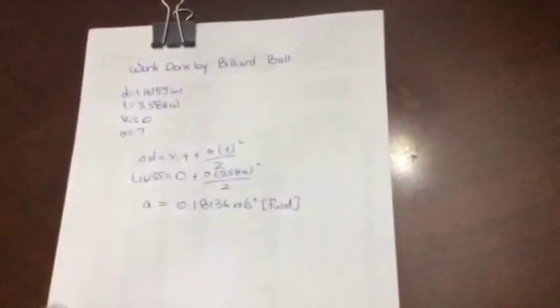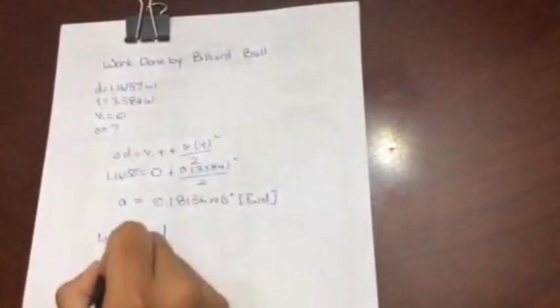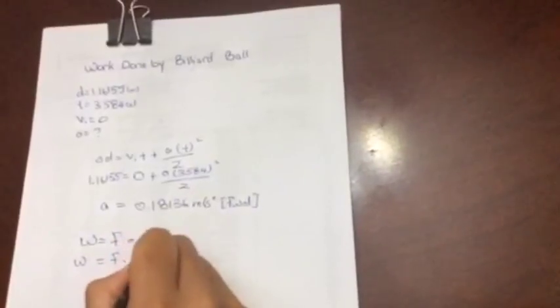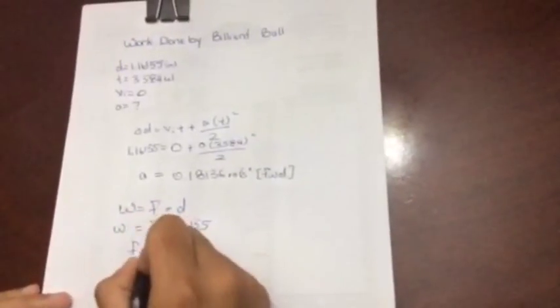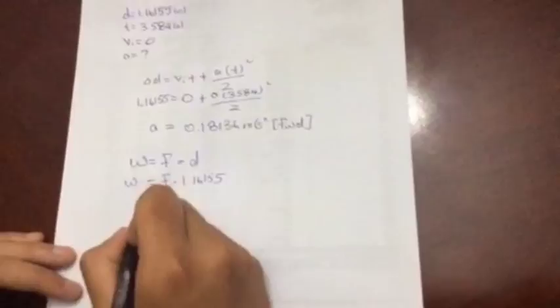So now the work formula, as we know, is work equals force times distance. We know distance is here, so it's work equals F times 1.16155. So now we really need to find force, and we'll find that using Newton's second law, which is force equals mass times acceleration. So the mass of the billiard ball is 0.17 kilograms, which is standard for all billiard balls. So I'll use that number.